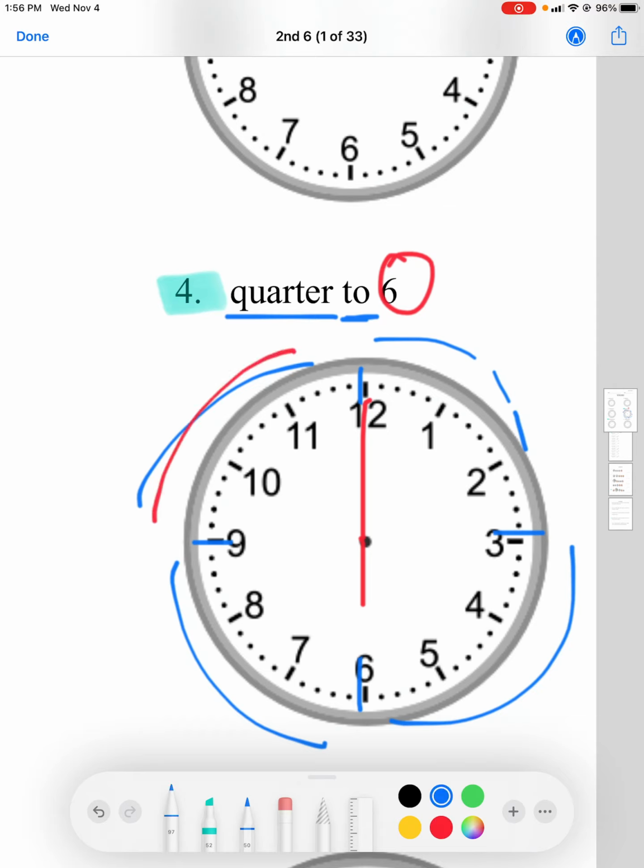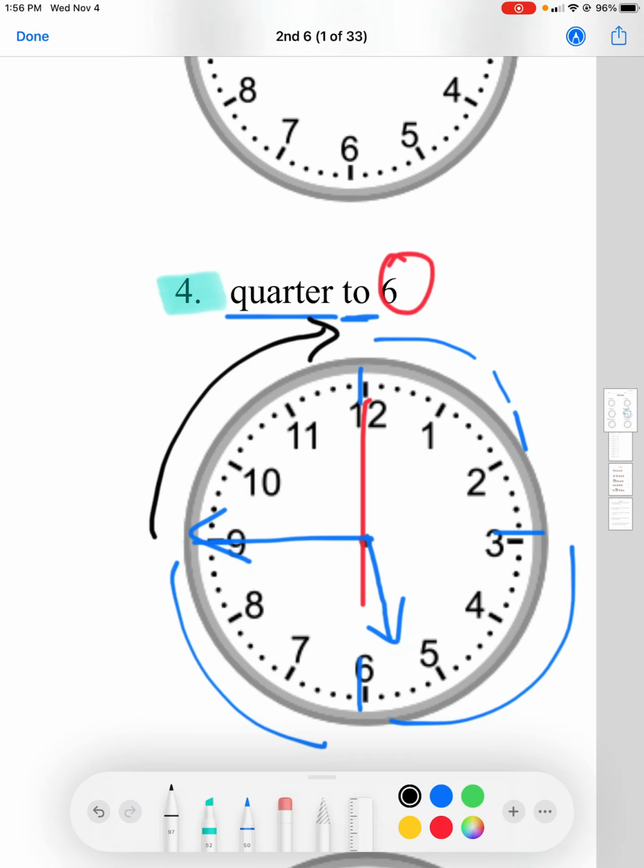If the time looks like this, we have 1/4 left right here. Let's say this is the time, like this. This would be 5:45 because we have 1/4 left before it turns 6 o'clock, right?